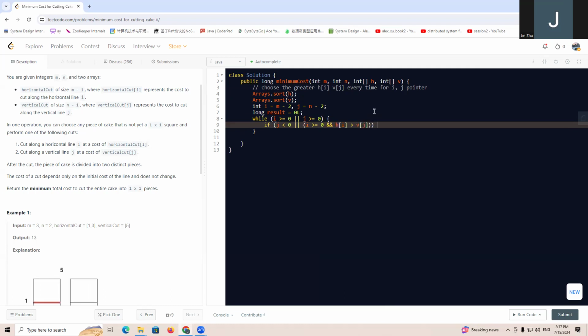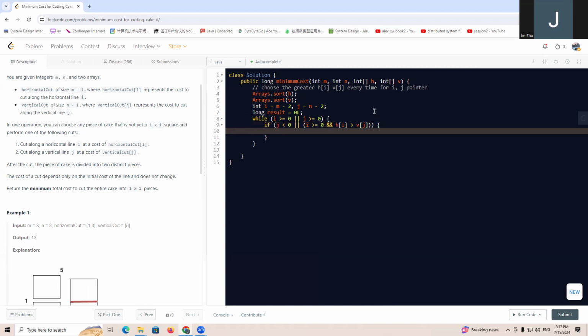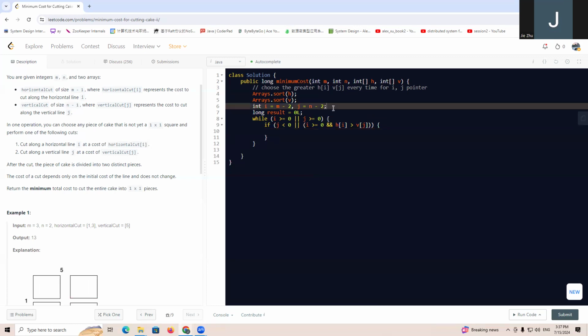So in this case, we are going to perform a horizontal cut, right? Because horizontal is greater. And we can also have a horizontal piece count. At the beginning, this one equals 1. The vertical count, this one equals 1, right?